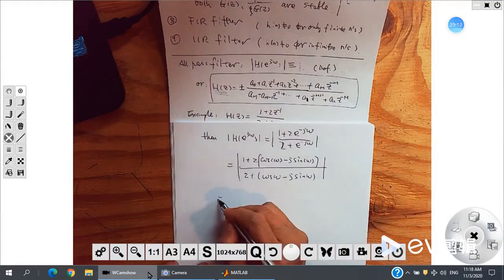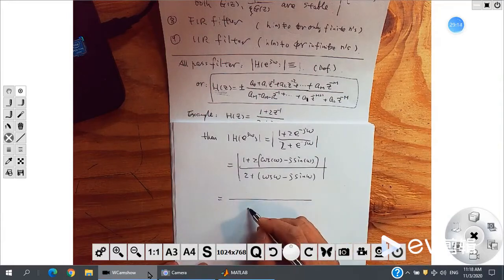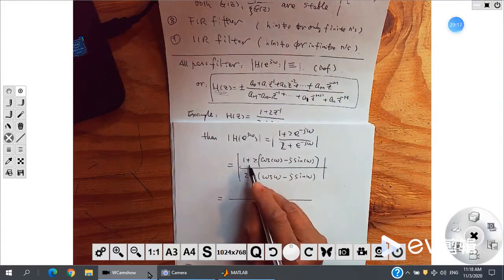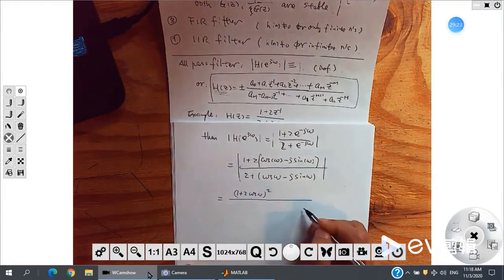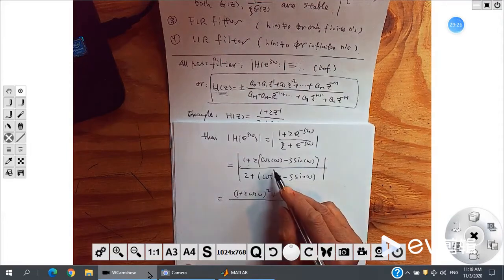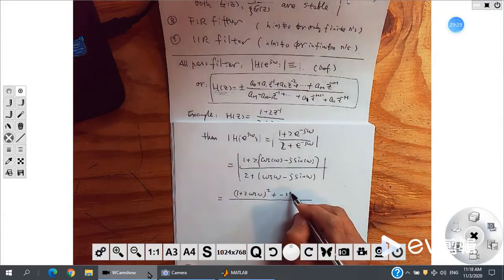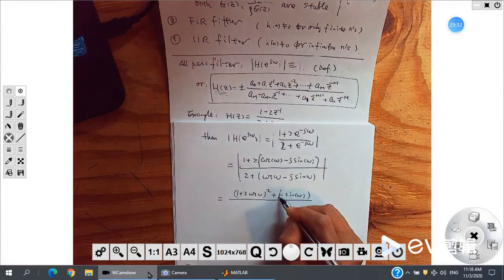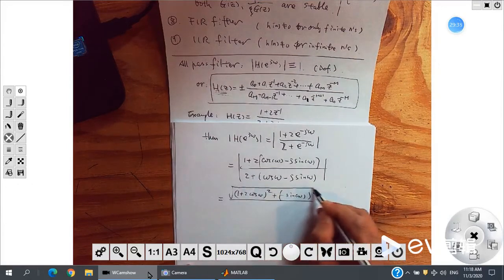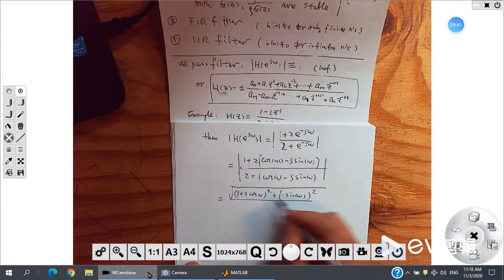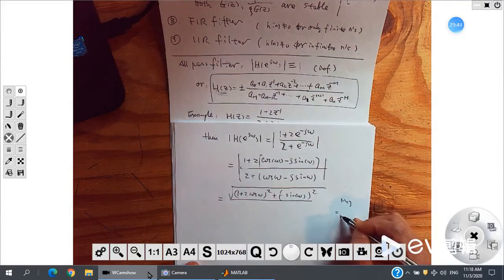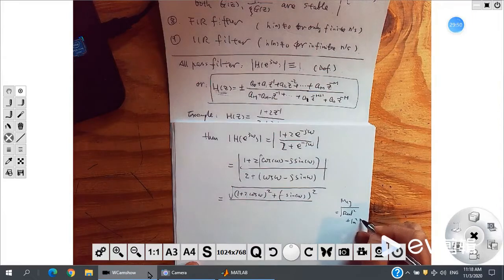Then it is the numerator divided by the denominator. The numerator is the real part squared plus the imaginary part, which is negative sine omega, squared, and take the square root, right? This is the definition of the magnitude: the magnitude equals the square root of real part square plus imaginary part square, right? So like this.